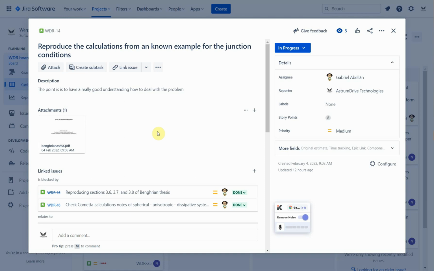Sure. What Gabriel is doing is, in fact, he took, again because we're learning this, a well-known example of junction conditions. In this example, there's a problem with some asymmetries in the energy momentum tensor that relates the outer space-time and the inner space-time.